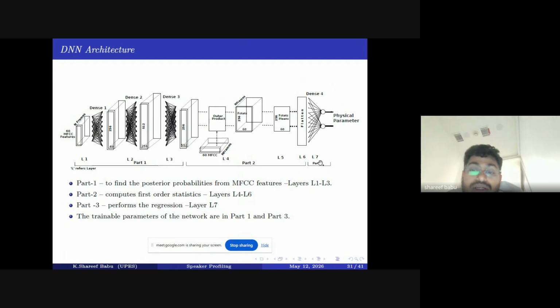Here also we tried doing something more interesting. We trained the support vector regression model separately, and we have used its weights here and assigned those weights to this layer, so that it can give better biases.